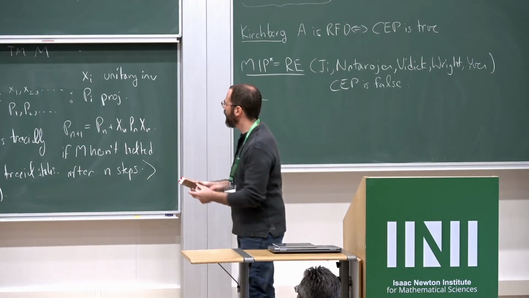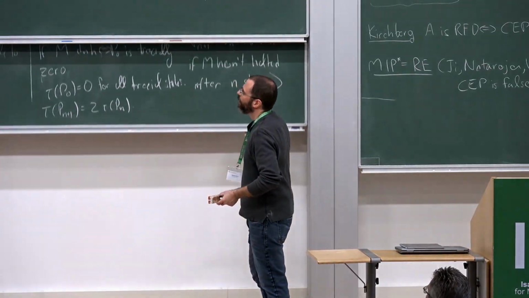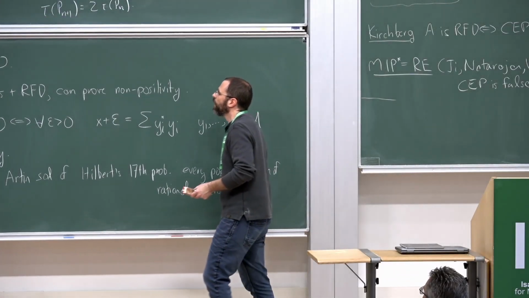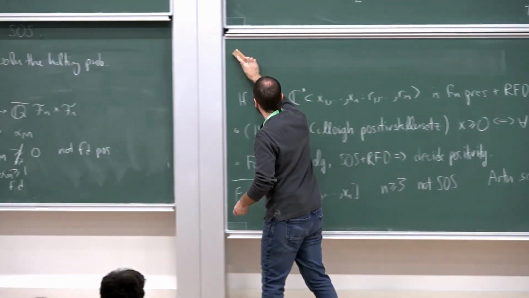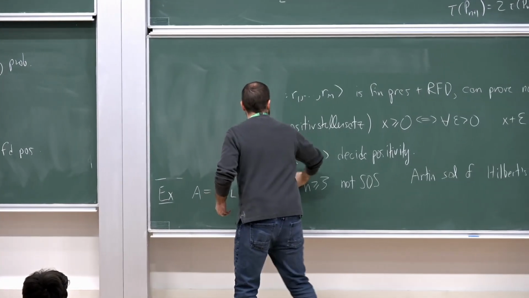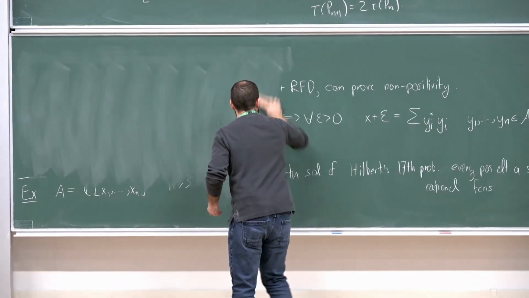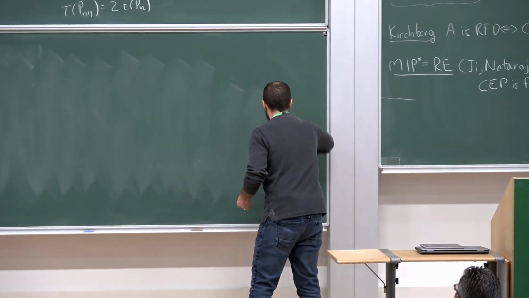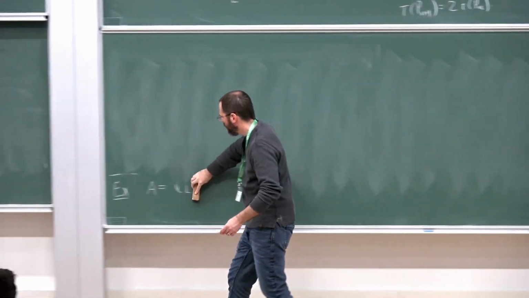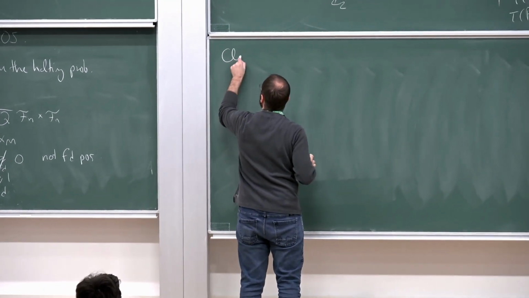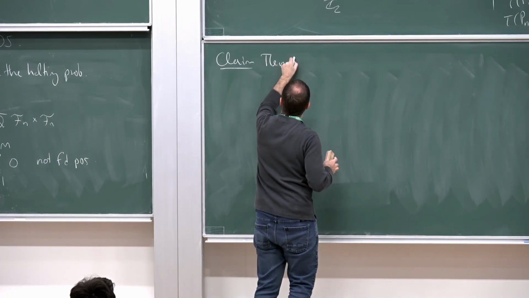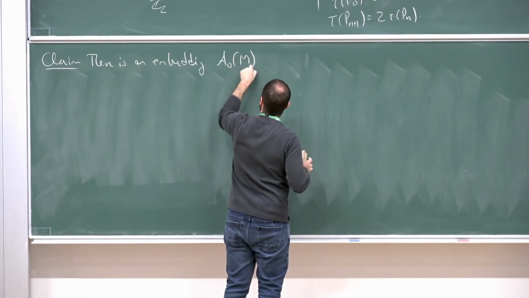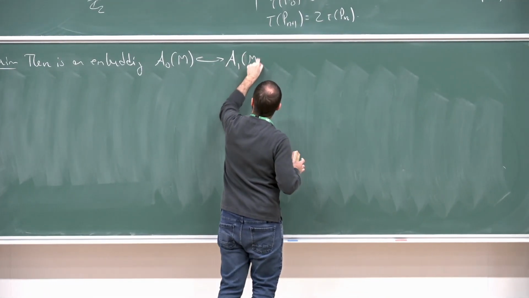So then what do we do with this algebra? Claim: there is an embedding of A0 of M into a finitely presented algebra.